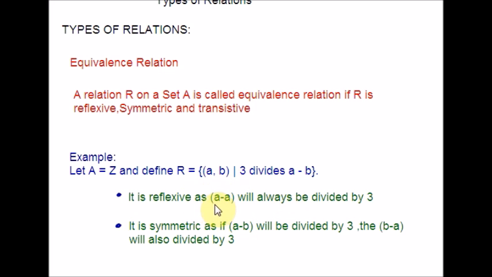If (A, B) belongs to R and (B, C) belongs to R, then it means A minus B and B minus C are both divisible by 3 according to the given condition. Am I right? So first you have to assume (A, B) belongs to R and (B, C) belongs to R. After that, according to the condition given, A minus B and B minus C are divisible by 3.